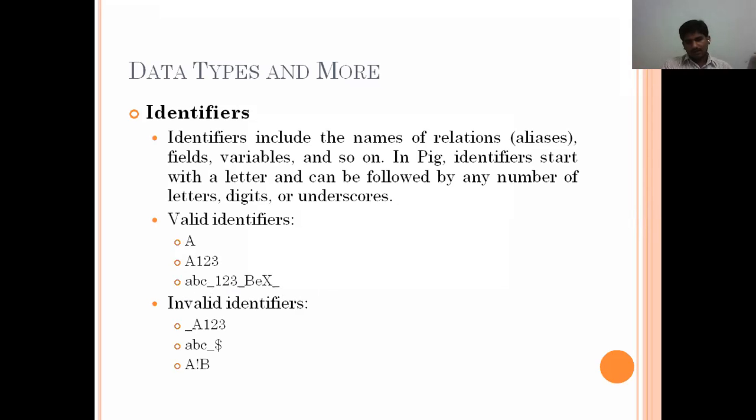ABC underscore dollar symbol is also invalid, because special characters are not allowed. As usual, the special characters are not allowed in our identifiers, and in between also special characters are not allowed. This is a valid identifier; here it is invalid.